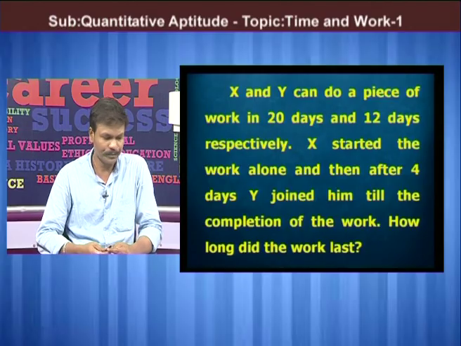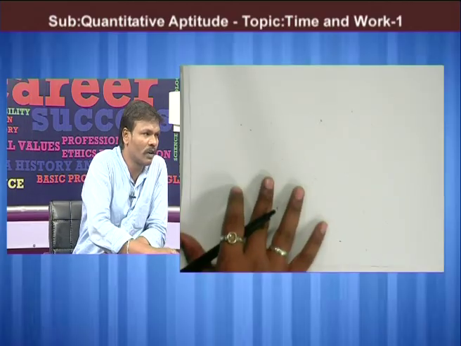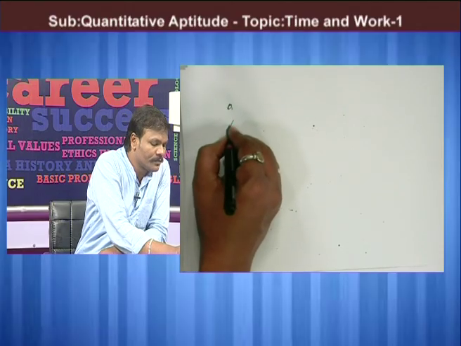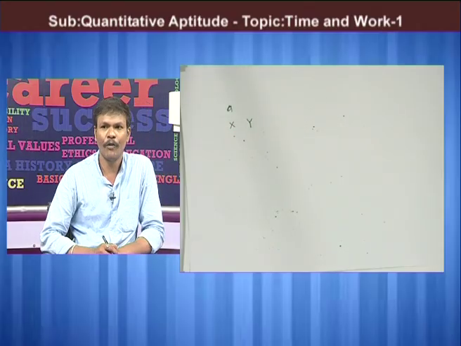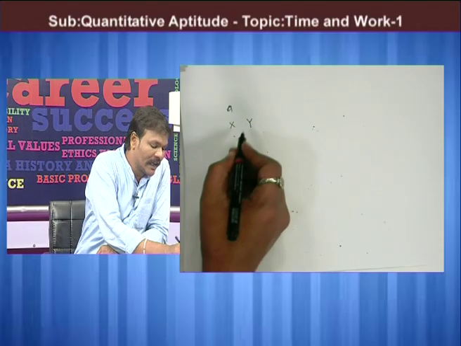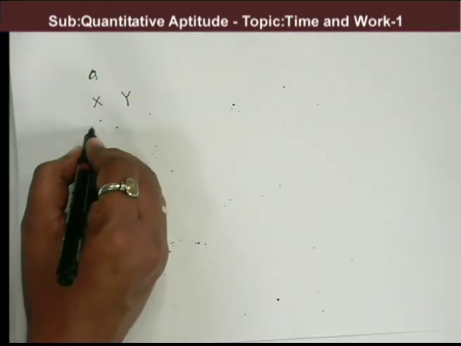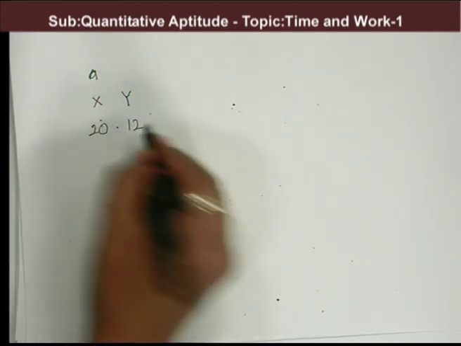In this question, first you have to observe how the work was started and how it was completed. We have X and we have Y. X completes the work in 20 days, Y completes the work in 12 days.